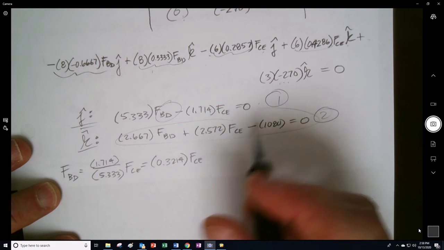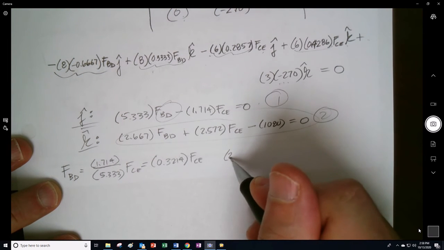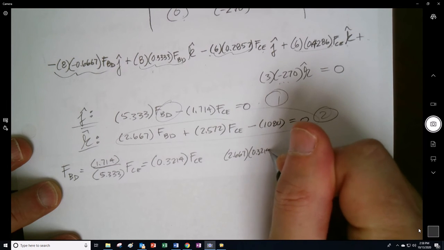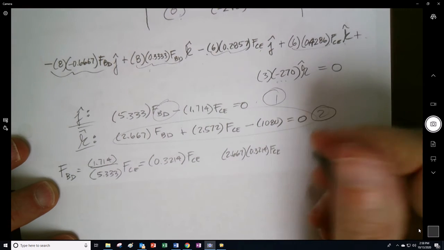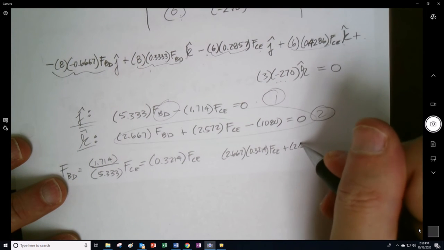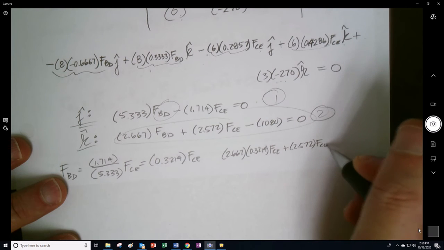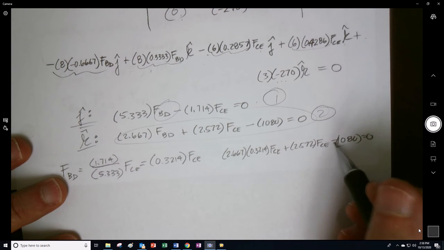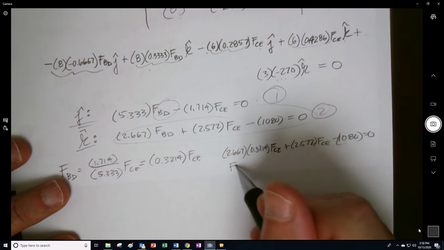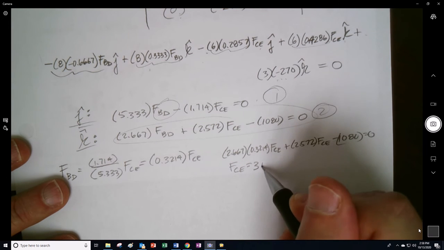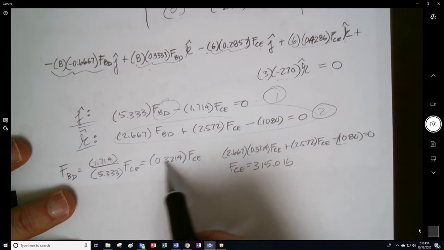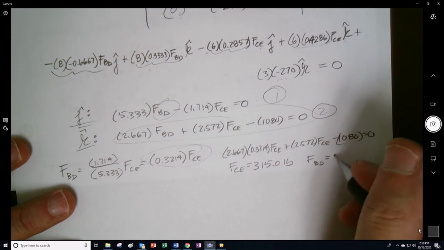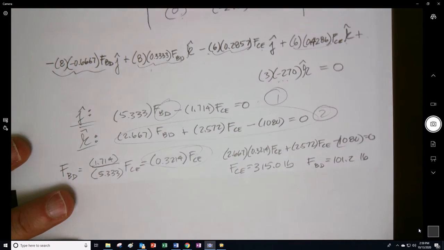So I shoved him back in and said 2.667 times 0.3214 FCE plus 2.572 FCE minus 1080 equals 0, or I could just say that it's equal to that. One step would have been fair. FCE is therefore 315 pounds. I put that back into here, and I get FBD is equal to 101.2 pounds, right?